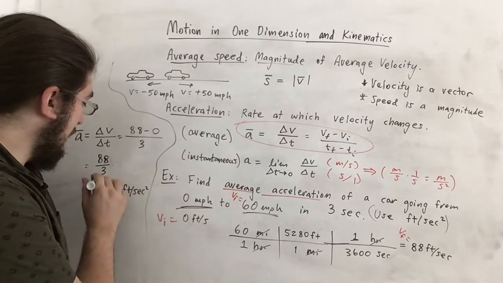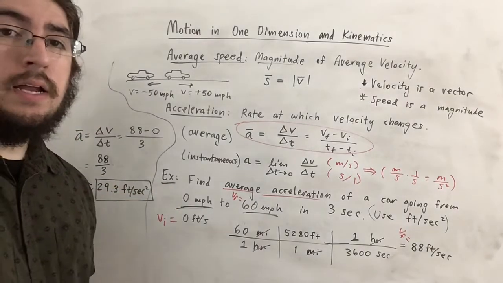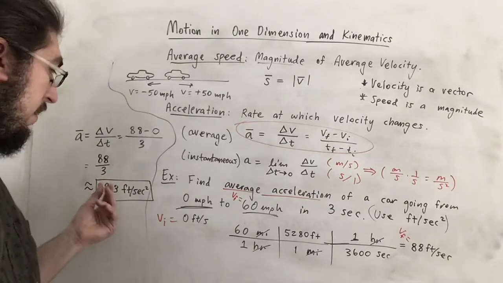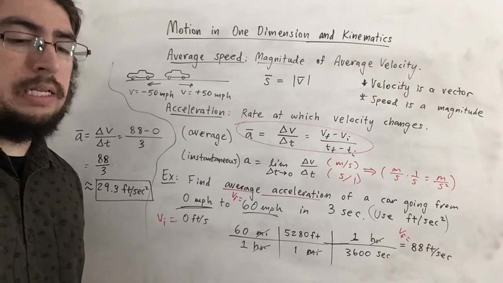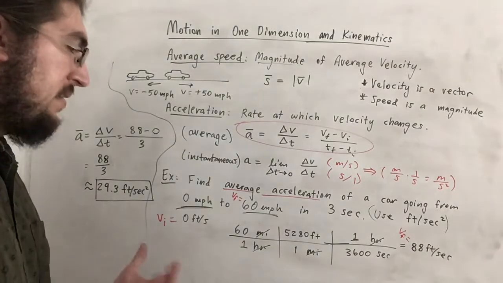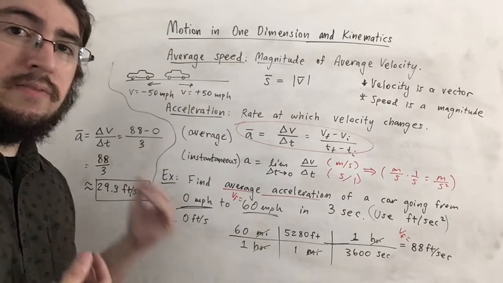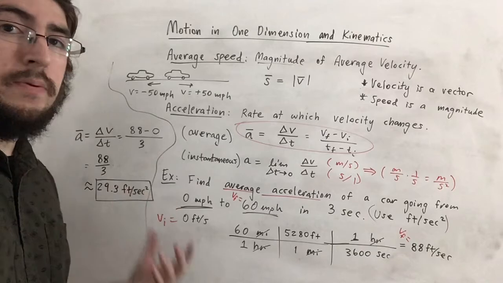And again, why it's second squared is because it's an acceleration. An acceleration will always have the time unit squared because it's feet per second per second. So what this really means, if you want to think of it in a different way, is that after every second passes, the velocity will increase by 29.3 feet per second.